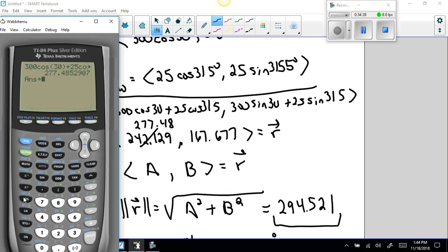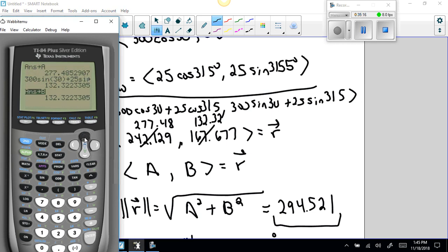Stow. There we go. Alpha A. And then let's bring this back up. Switch these to sines. Sine. Sine. 132.32. So alpha b.